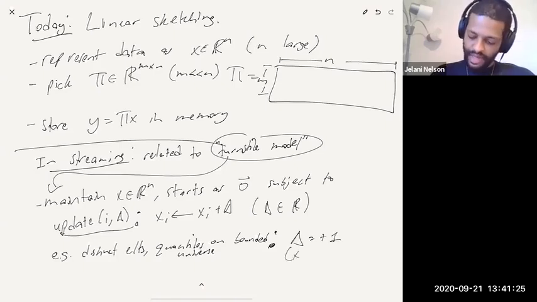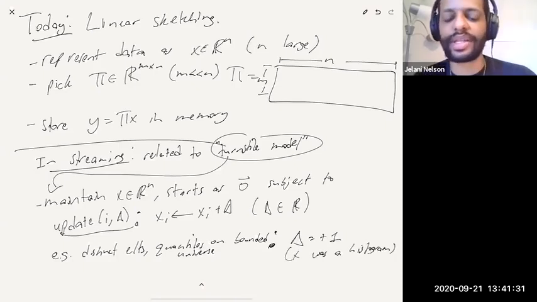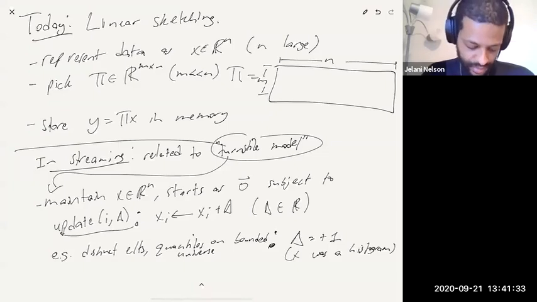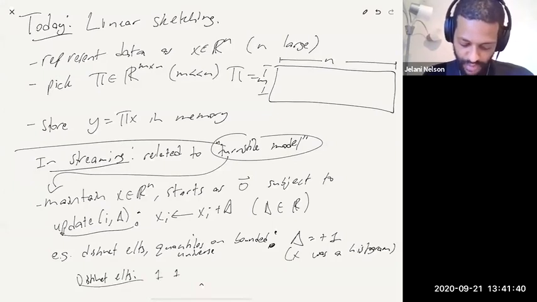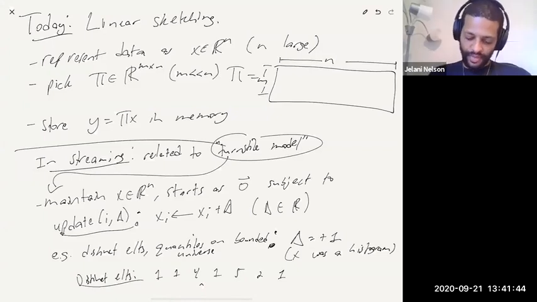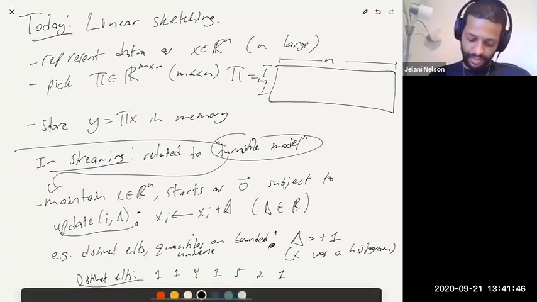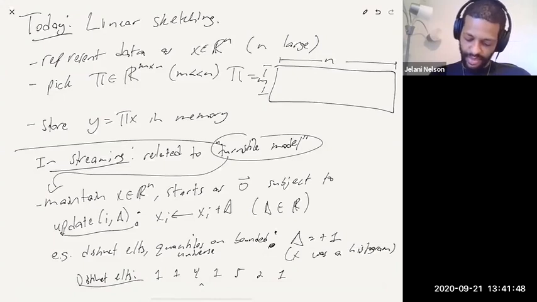And x was a histogram. So for example, in distinct elements, let's say, you see a stream that looks like 1, 1, 4, 1, 5, 2, 1. Of course, the number of distinct elements here is 1, 2, 3, 4. These are distinct elements.